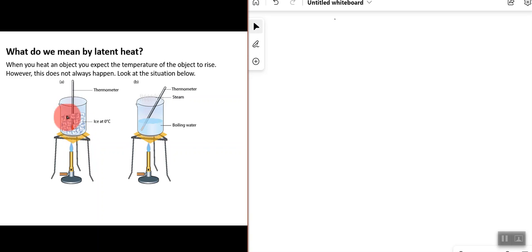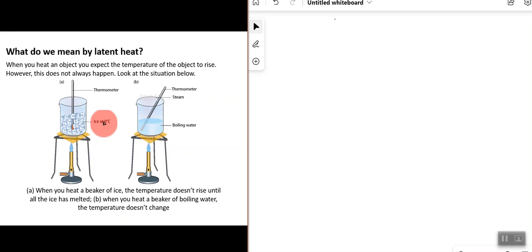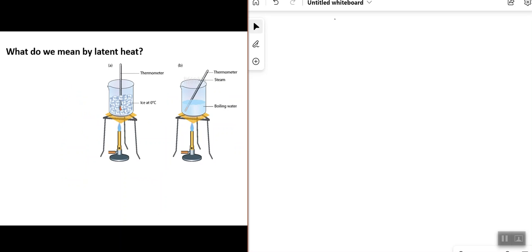Then the temperature will start to increase up to a point, and then it will not increase anymore until it turns into steam. Once it turns into steam, the temperature starts to increase again. So when you heat a beaker of ice, the temperature does not rise until all the ice has melted, and when you heat a beaker of boiling water, the temperature does not change.